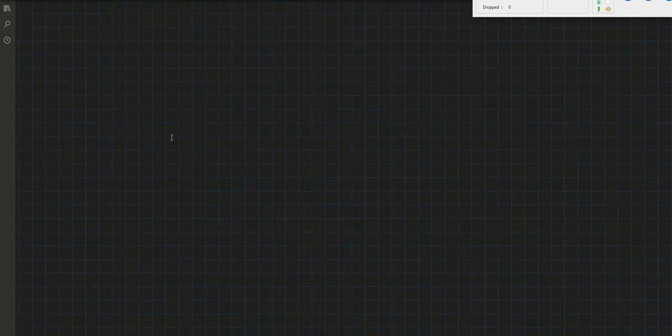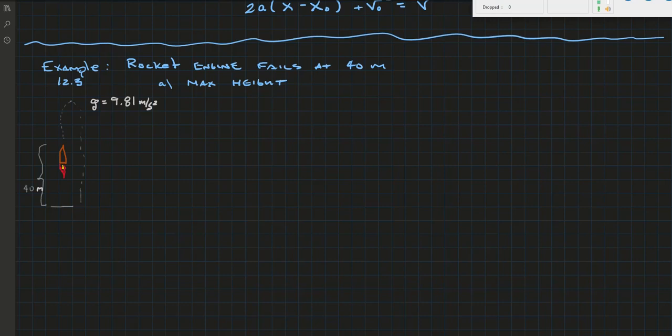Also in this relationship, we have another quantity given in the problem. I'll write it in blue, with x0 equals 40 meters, and v0 at 40 meters is currently going 75 meters per second.